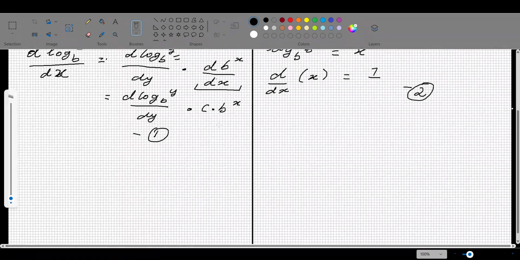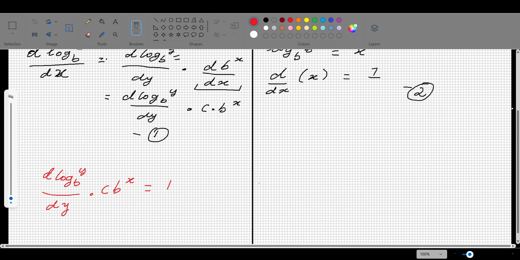And what we are going to write is this. I'm going to write this in pen color so that it's easier to understand. Okay. So now we say this. We're going to say that d of log y with the base b, coming from equation 1, times c b raised to x is equal to 1.